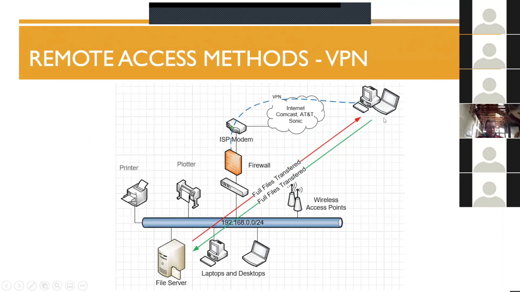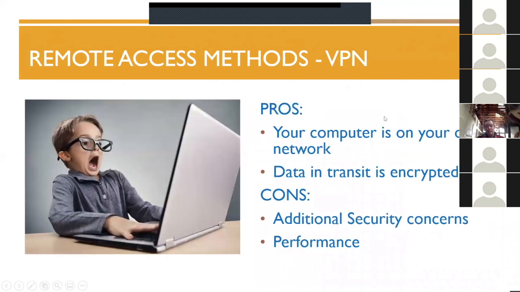So the benefits of the VPN is that your computer is virtually, but fully, on your network, so you can access all the resources on your network, and that the data is encrypted, so you're pretty secure. There's some additional security concerns with VPN if you're using your home computer to access it and you don't have all the security provisions that your work computer may have.